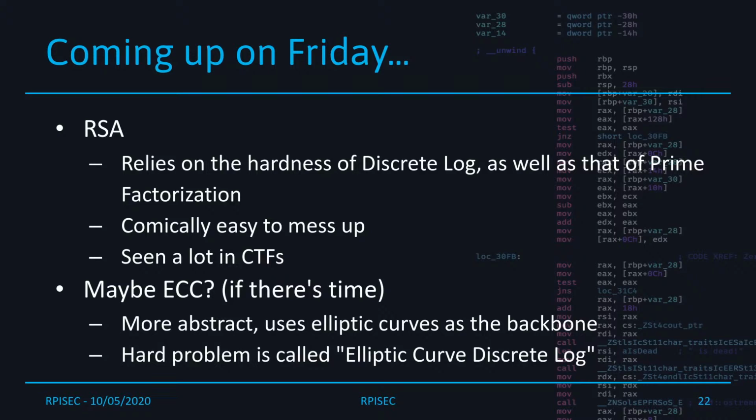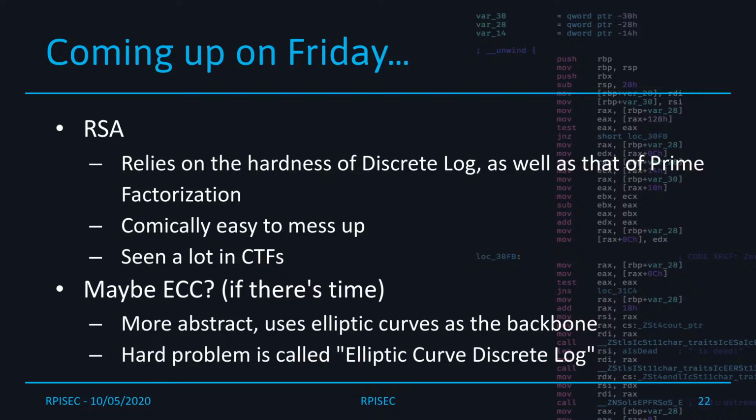But RSA is really interesting, or I should say it's quite fun, because it's very easy to mess up. There's quite a lot of attacks, especially on textbook RSA. If you just implement RSA as is, without any sort of modifications, then you can mess it up really easily.